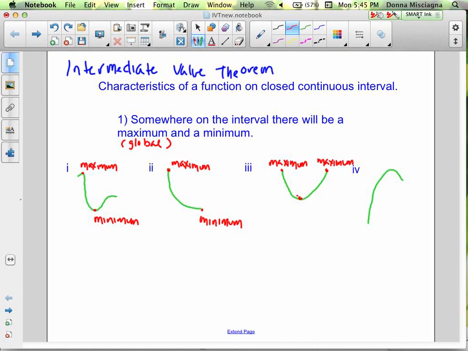And here's, oops, a minimum. And then a maximum and a minimum.